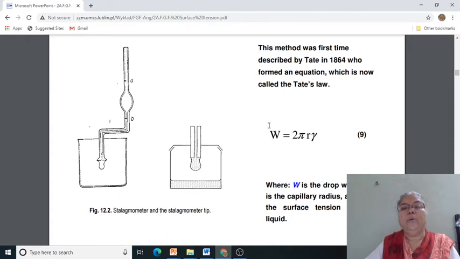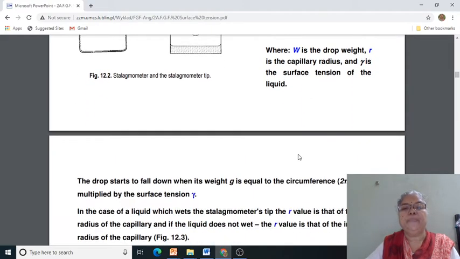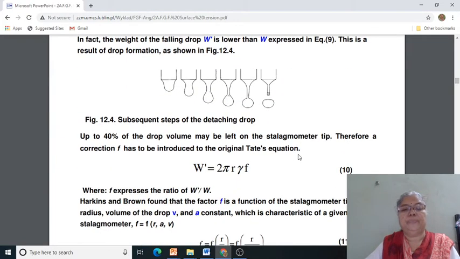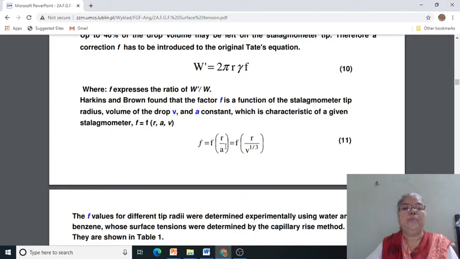According to Tate's law, when the weight of the drop, that means W, becomes equal to 2 pi r into gamma, then the detachment of the drop takes place. And by using this formula for the liquid under study and the reference liquid, we can find the surface tension. Here we have seen that method.